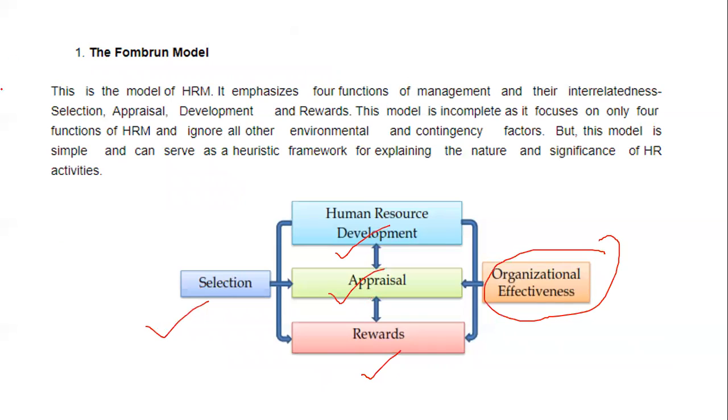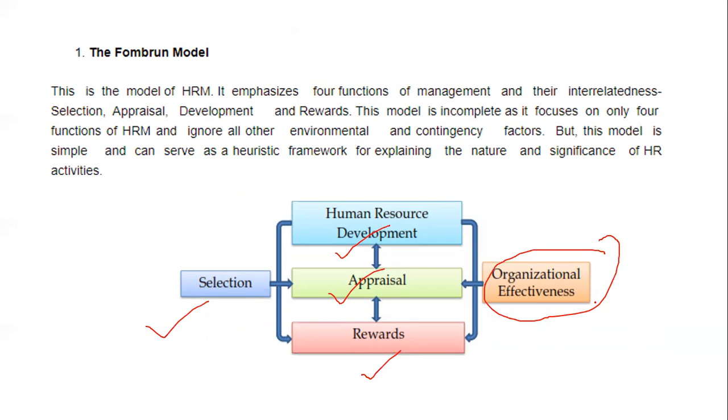But if you have noted well, the model is incomplete because it focuses only on 4 functions. In fact, if you remember in the last class, we have done so many functions of HRM. So what about those functions of HRM? It clearly says that those functions of HRM are being ignored. The fact is that the model is very simple.